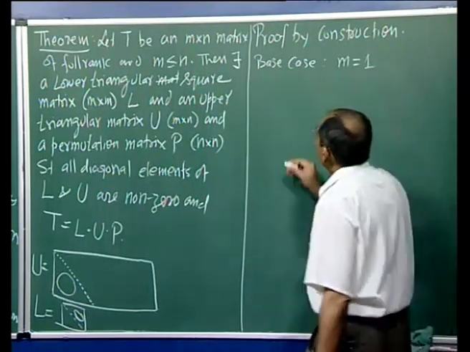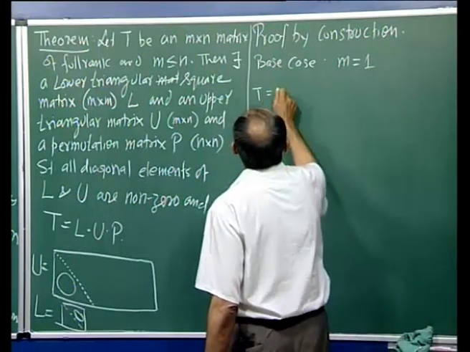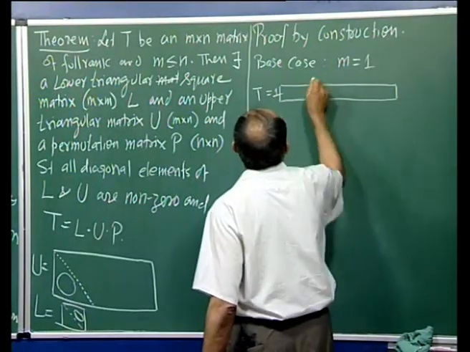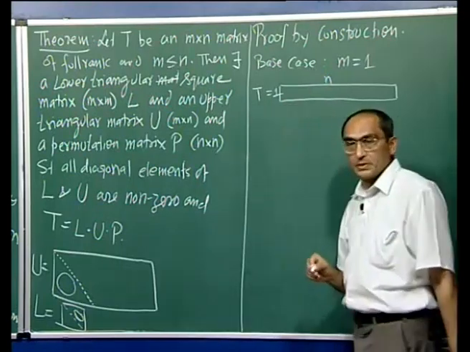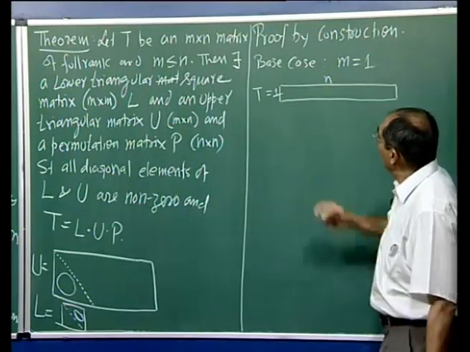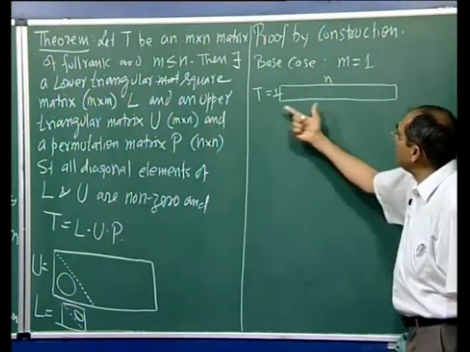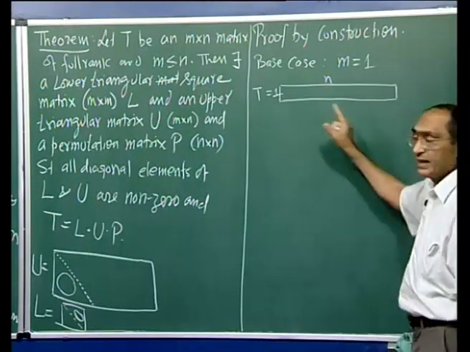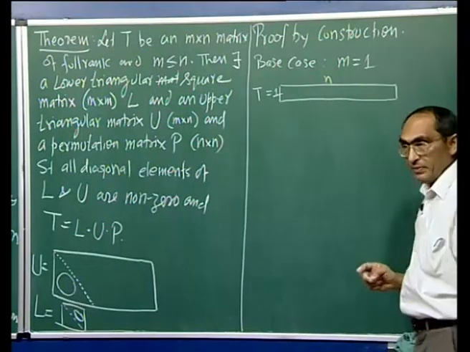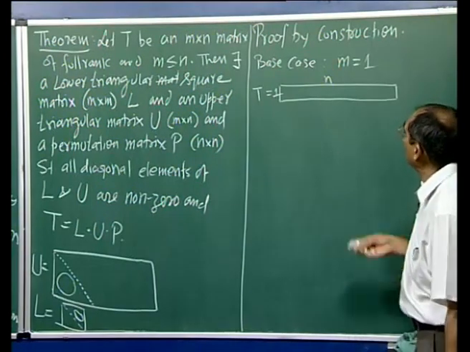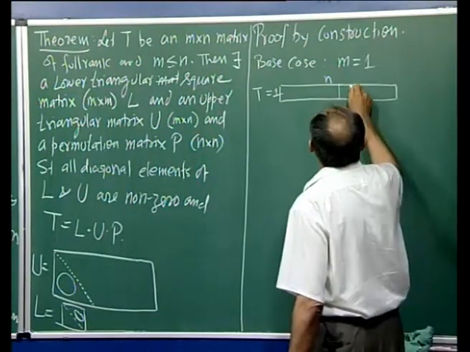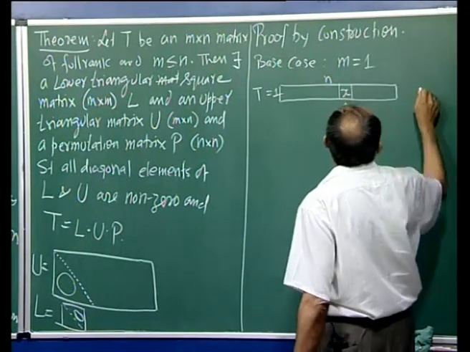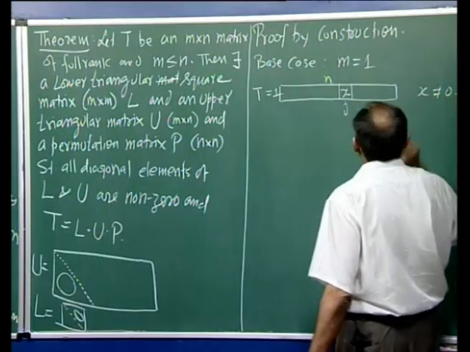So, we have our T which looks like a 1 by n matrix. Now, all entries of this cannot be 0 because its rank is 1. Okay. And there has to be some jth location where we have x and x is not 0.